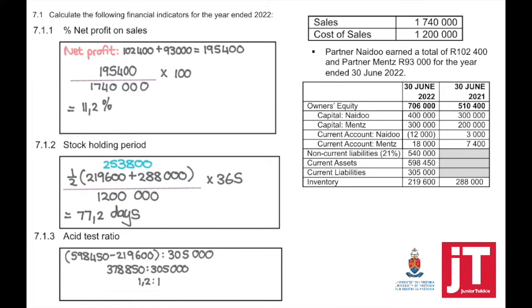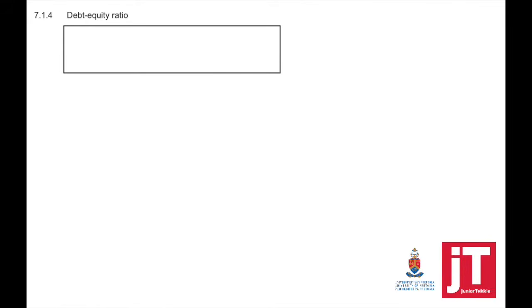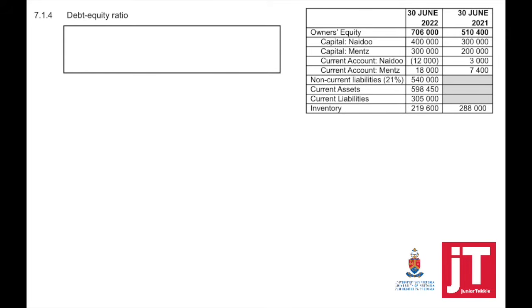So take 378,850 divided by 305,000. To calculate the debt-equity ratio, it's your non-current liabilities divided by your partner's equity. So if we look at the Statement of Financial Position, non-current liabilities is 540,000.